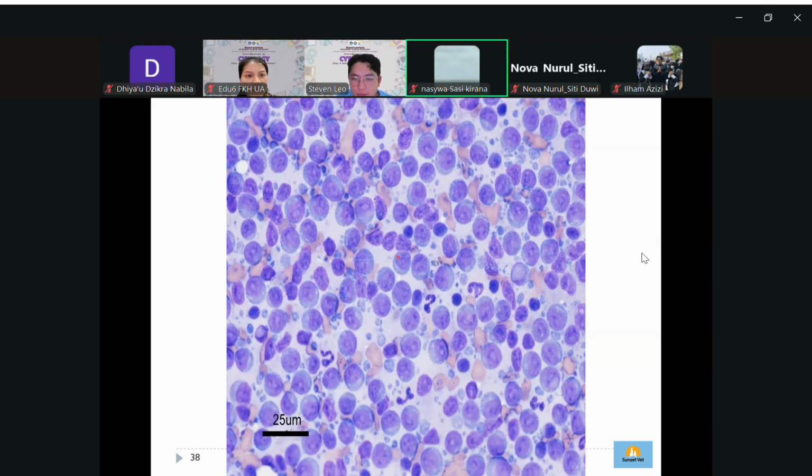Mm, no, I don't think there are any vacuoles. So you can take a look here again. A vacuole means bubbles in the cytoplasm. Is there any granules?